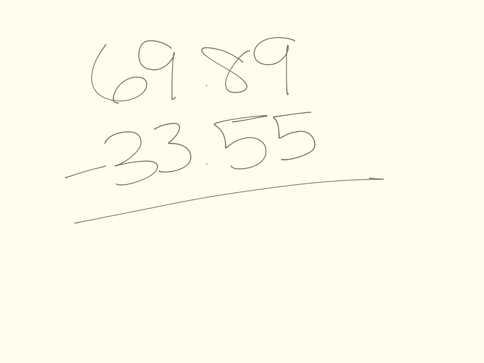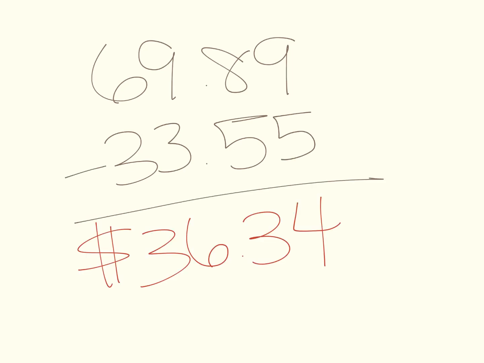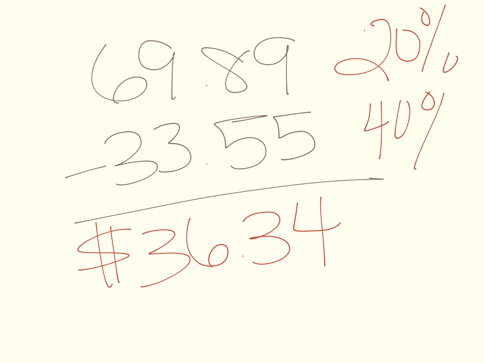So how much did I save? I saved $36.34. So originally I saved 20% and then I saved 40%. So does that mean that $36.34 equals 60%? Well, let's find out.